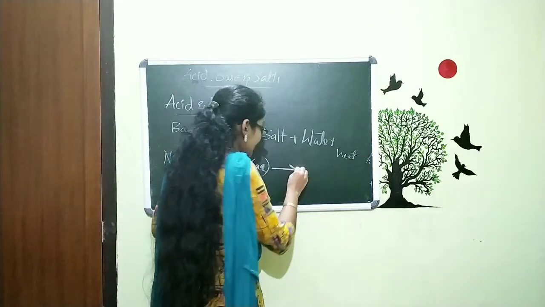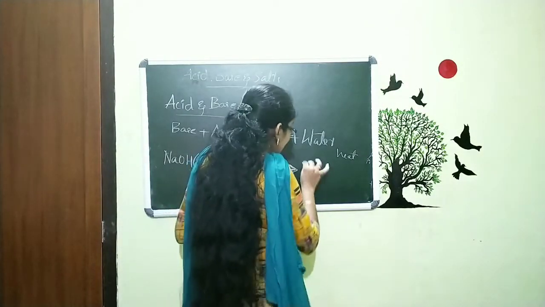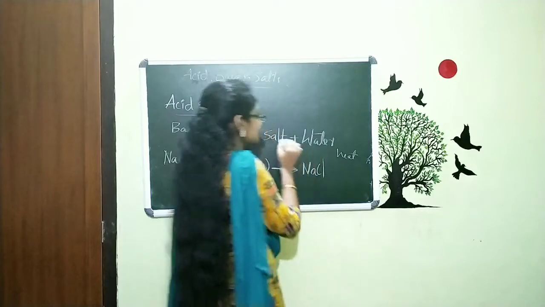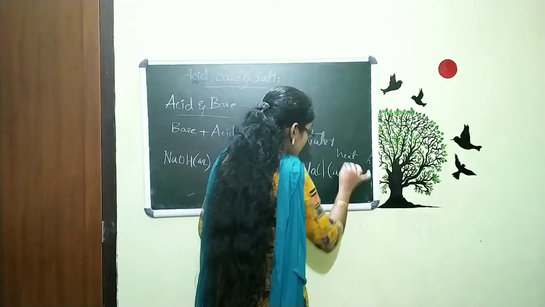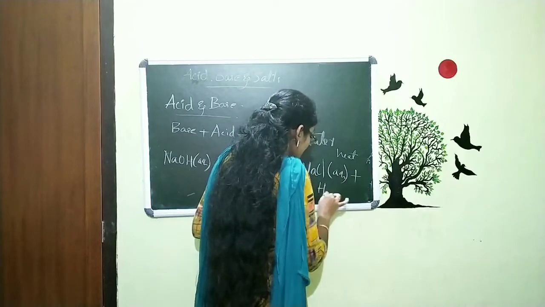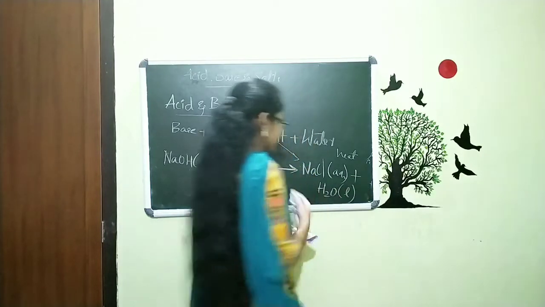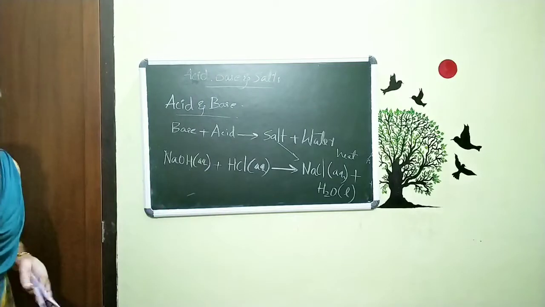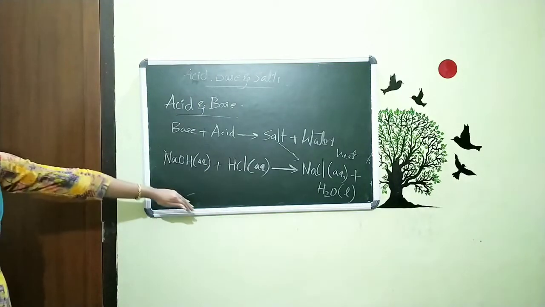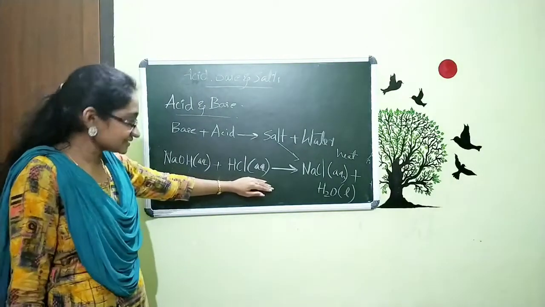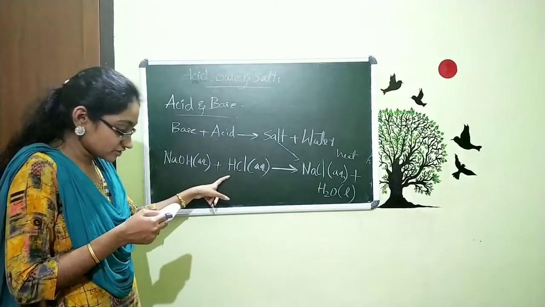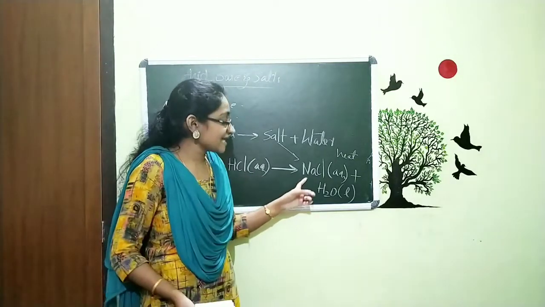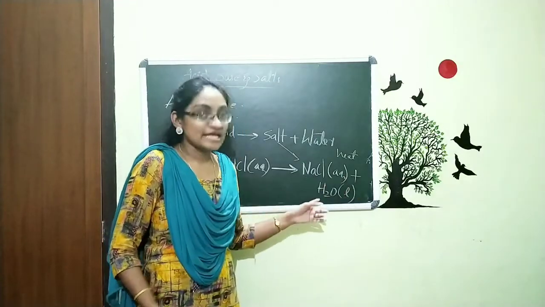Then we get the product as NaCl, the salt, in aqueous form, plus H2O, that is in liquid state. So this is the equation for sodium hydroxide and hydrochloric acid. When NaOH plus HCl react together, we get NaCl plus H2O.